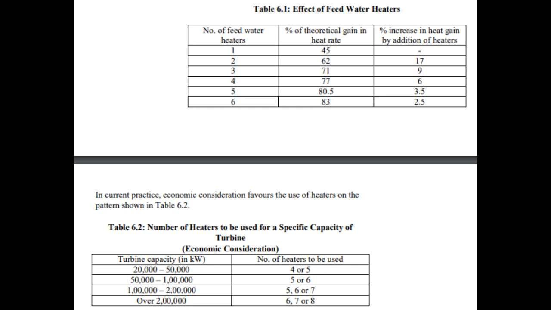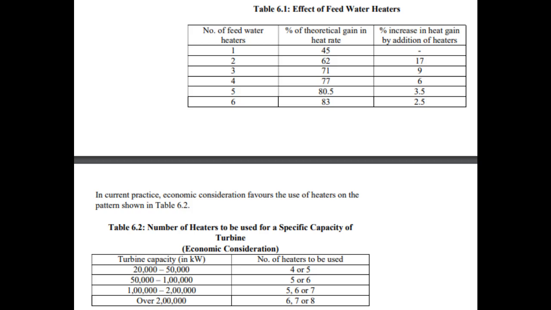6.3 Reheat steam cycle. It is necessary to reheat the steam after part of its expansion is over so that the resulting conditions after complete expansion fall within the region of permissible wetness.